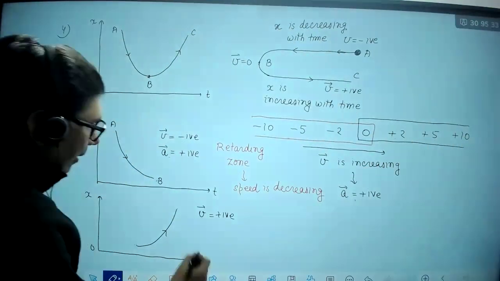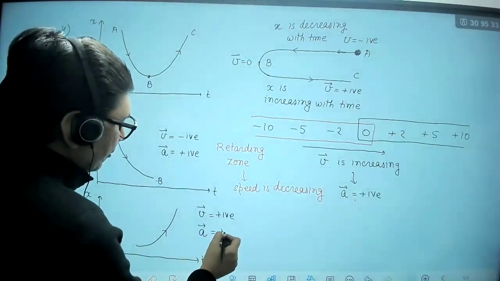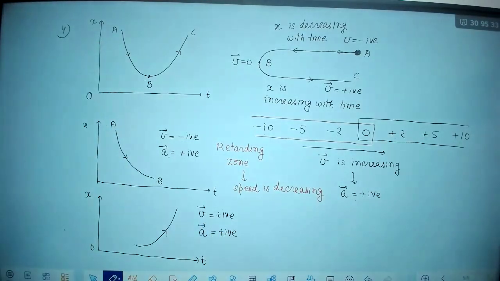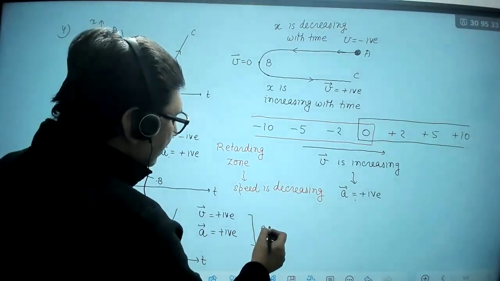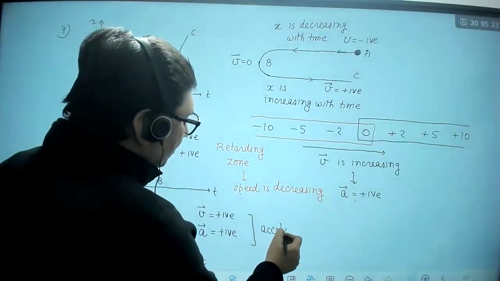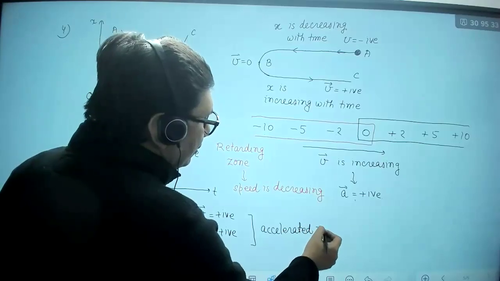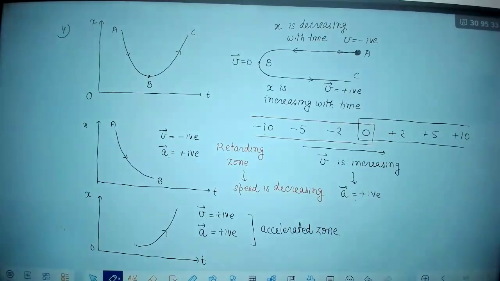Acceleration is positive. So velocity is positive and acceleration is positive. Means you are in the accelerated zone. Where are you? You are in the accelerated zone.